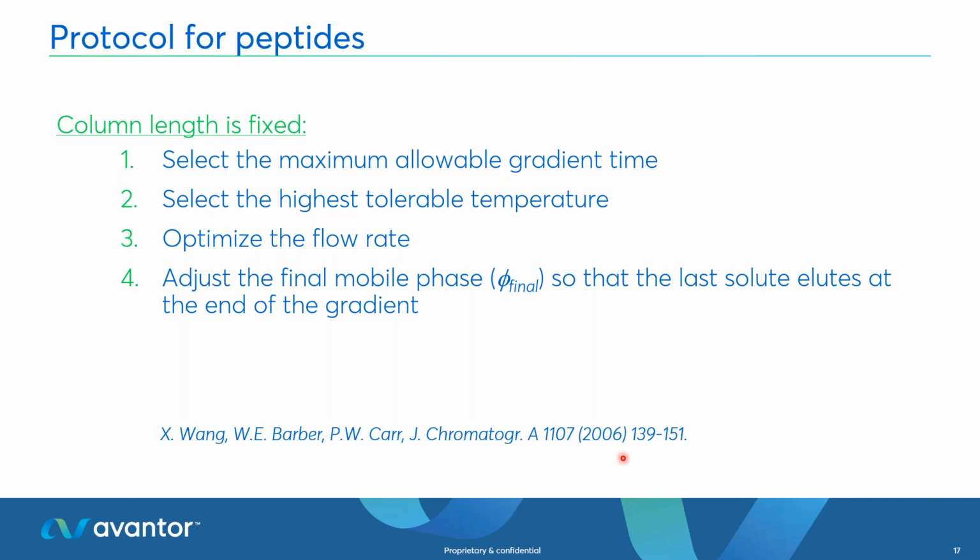I do emphasize it still is fundamental, and it gives you a lot of comprehensive understanding with optimizing the peak capacity for gradient elution theory and practice for reverse phase separation. So please take a look at this paper.